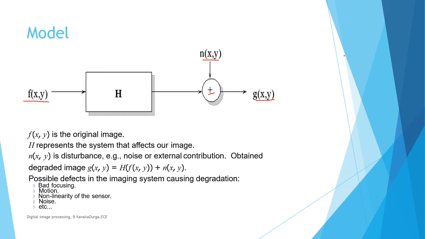All these parameters we have to see; we are estimating the degradation model. Once we have estimated the degradation model, like what type of noise has been added, we can estimate the degradation function, so that we can apply the reverse process in the restoration model.